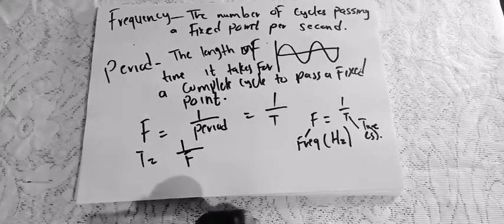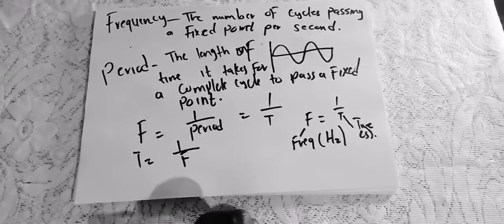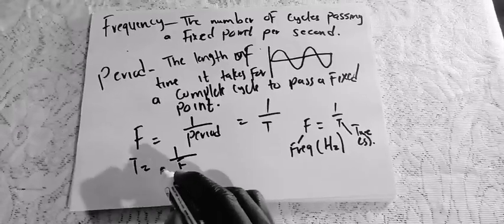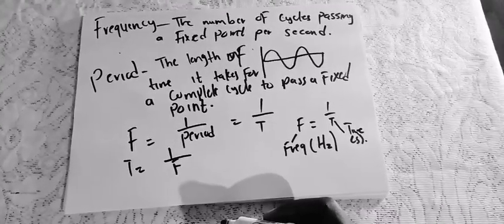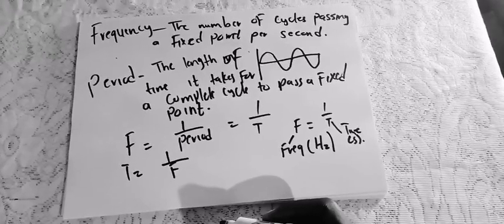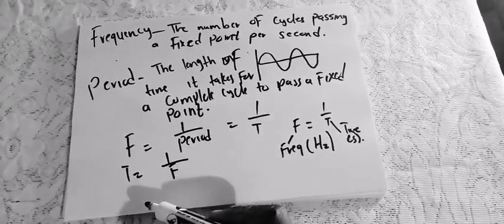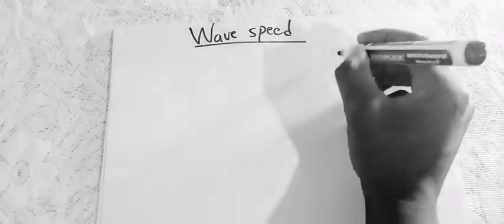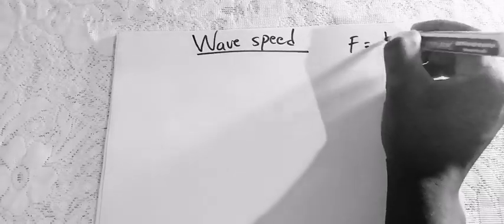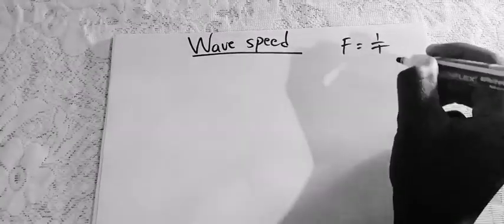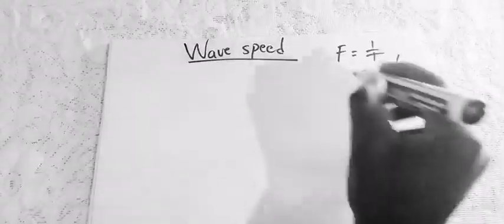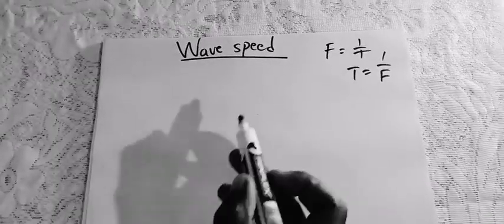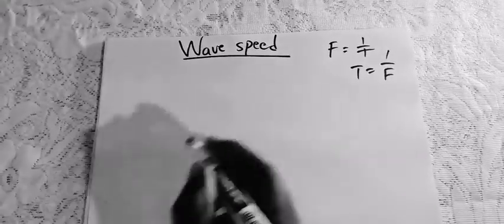These are minor formulas which will help us to calculate the wave speed depending on the given information for that particular statement. We have something known as wave speed.